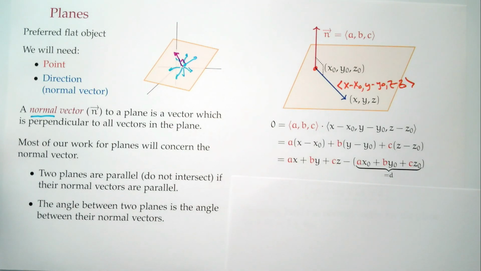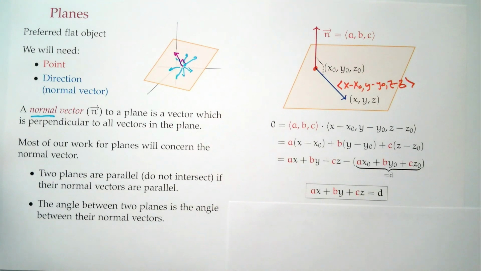So you get ax0 and by0 and cz0. So the generic formula for a plane is something of the form ax plus by plus cz, and that's equal to a constant d. Now, you can think of that constant d as moving the plane up and down. That's what d does as you vary d. It shifts the plane up and down through space.